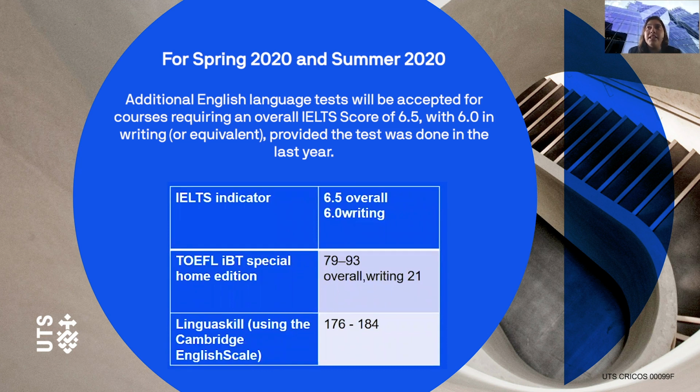So these are 3 additional tests that UTS will accept, but these will be accepted only for courses that require an IELTS score of 6.5 with 6 in writing, and the tests have to be done within the last 1 year. The additional tests that we will accept are IELTS Indicator, TOEFL iBT Special Home Edition, and the Lingua Skills Test.